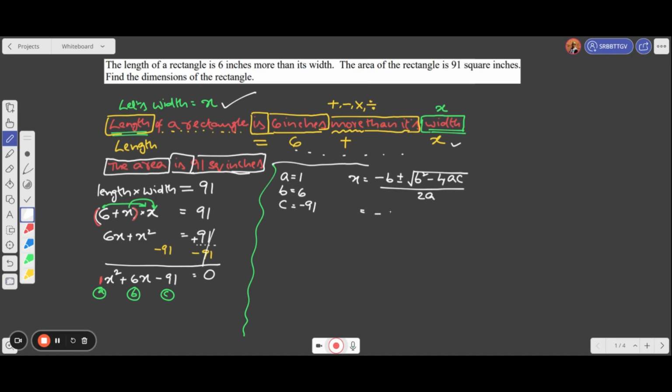Negative, the value of b is 6, plus or minus square root of 6 square minus 4 times a, which is 1, and the value of c is negative 91, over 2a, 2 times 1.